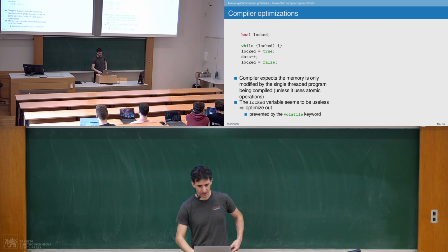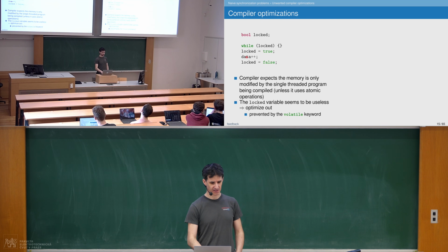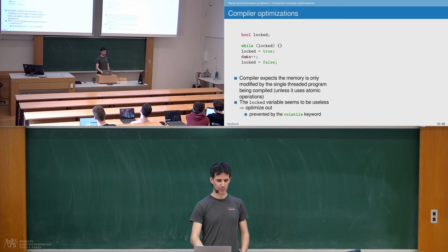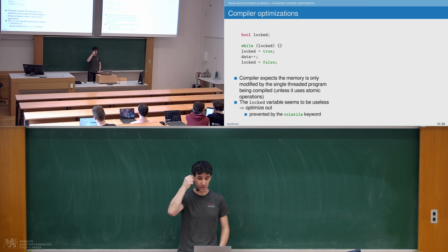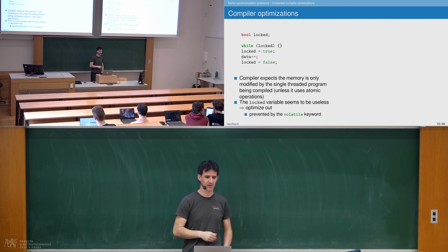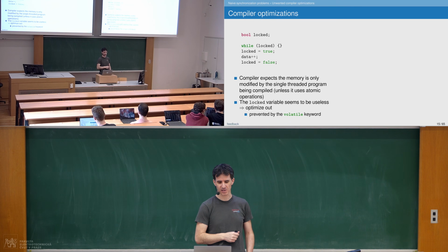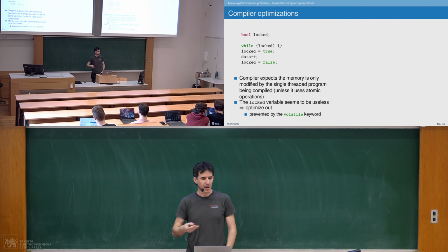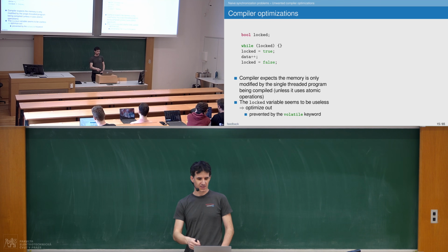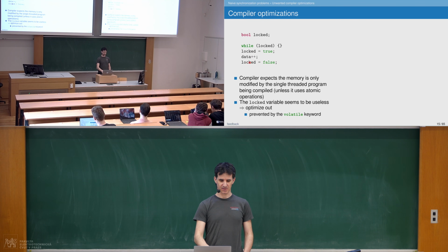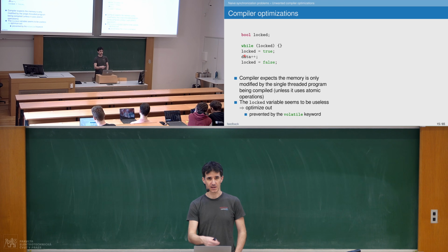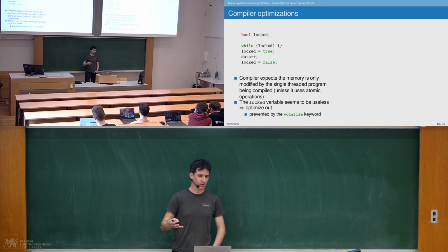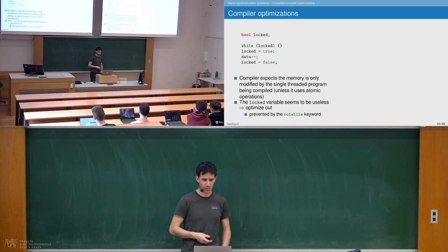So for example, for whatever reason, it can put this data behind this locked equals false because it thinks it's a clever thing, it will run faster, for example. Because just from this program, the compiler doesn't know that this operation is somehow related to this data. It doesn't use the same variable, so the compiler doesn't know that this is somehow related.